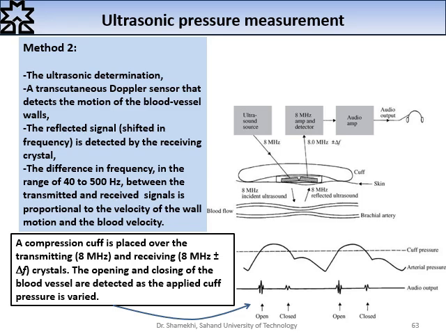The reflected signal shifted in frequency is detected by the receiving crystal, and the difference in frequency in the range of 14 to 500 Hz between the transmitted and received signals is proportional to the velocity of the wall motion and blood velocity. As you can see, we have a similar cuff here also.